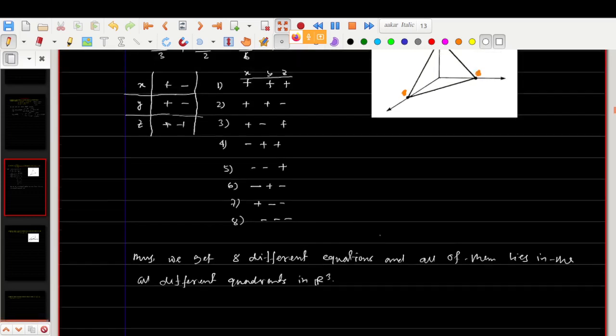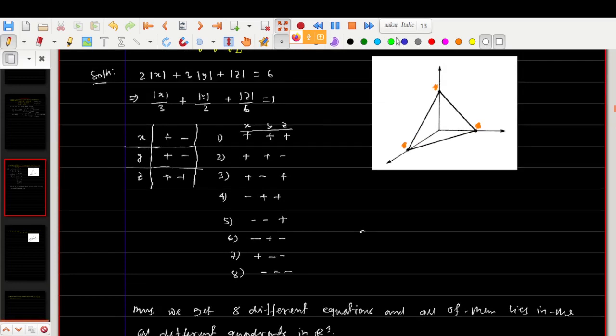As in the picture, if you see, this is drawn here. This is the part in the first quadrant, the quadrant where x, y, z are all greater than or equal to 0.